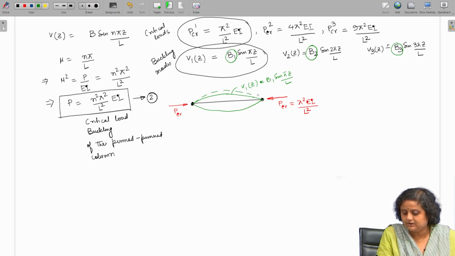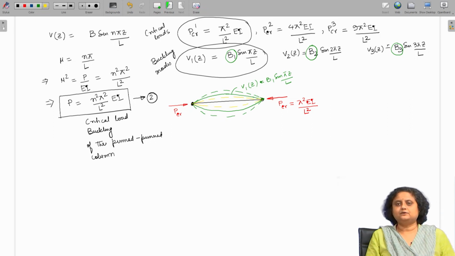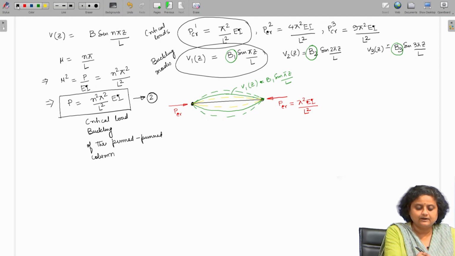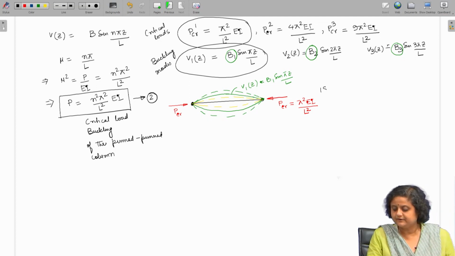The absolute magnitude is not unique. So, this would be the first buckling mode of the pin column.